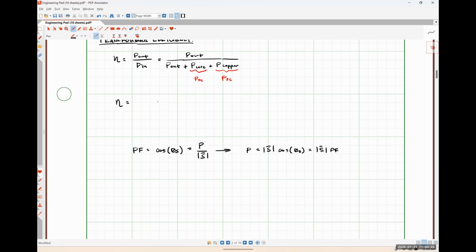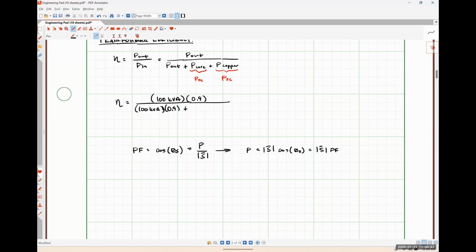So we would have 100 kVA. What was our power factor again? 0.9, right? So that's going to effectively give us our power in watts. And then 100 kVA times 0.9.